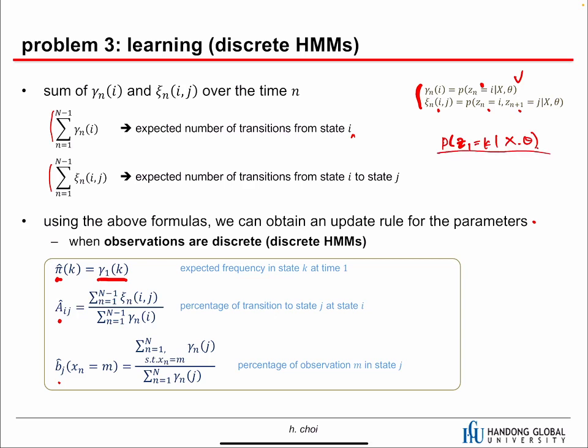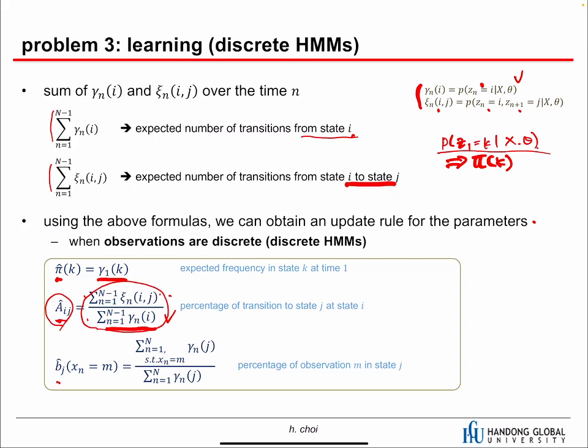So this one is pi of k. And for the transition probability, we can calculate the ratio of these two terms. First, the sum of psi is the expected number of transitions from state i to j, and the sum of gamma i is the expected number of transitions from state i. So basically this ratio corresponds to the transition probability.